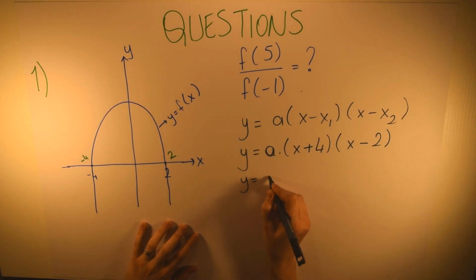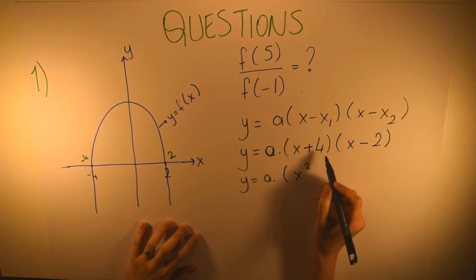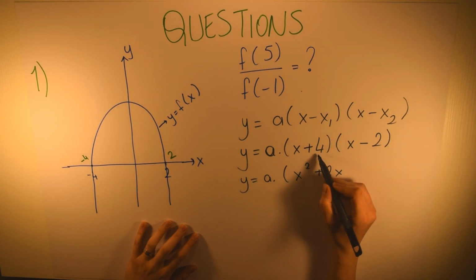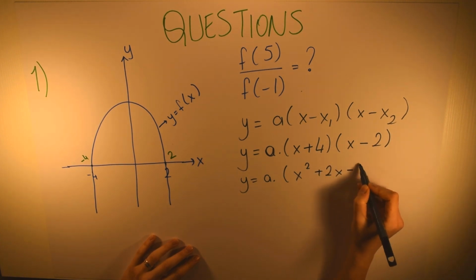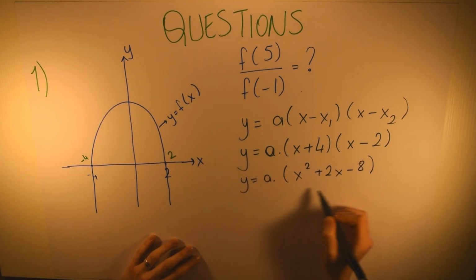Then y = a times (x squared, minus 2x plus 4x, which is plus 2x, and minus 8, since plus 4 times minus 2 is minus 8). So this is our equation.